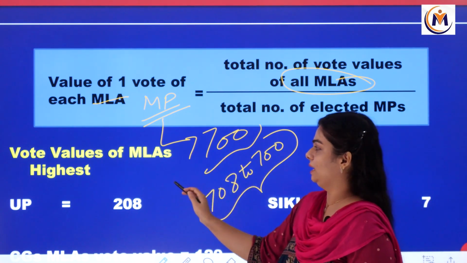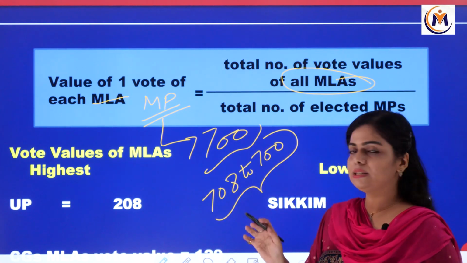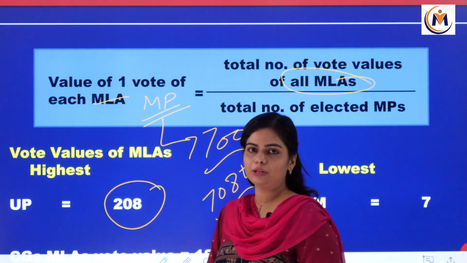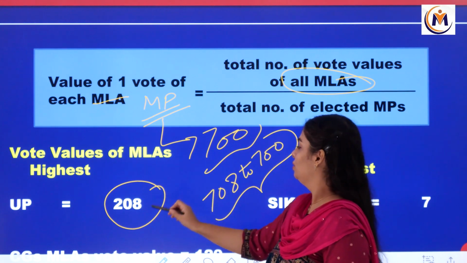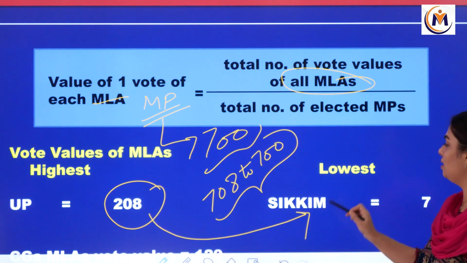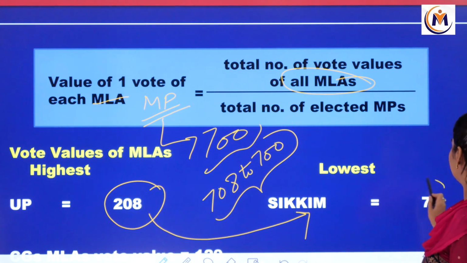Vote values of MLAs. So which state holds the highest vote value of its MLA? That is UP. UP is a large state with a larger population. So definitely it will have more vote value than Sikkim. Sikkim is the state with the least vote value of its MLA, that is 7.